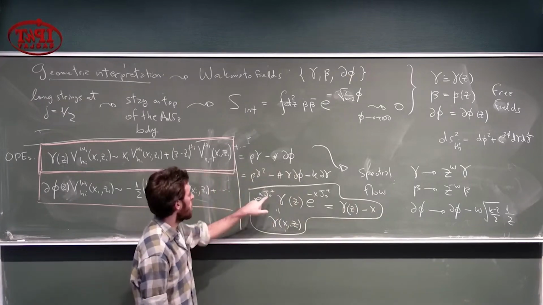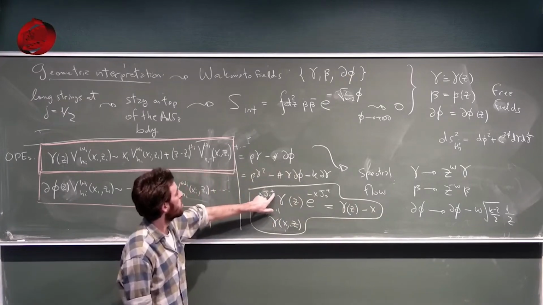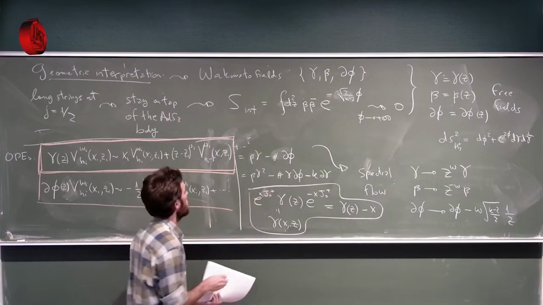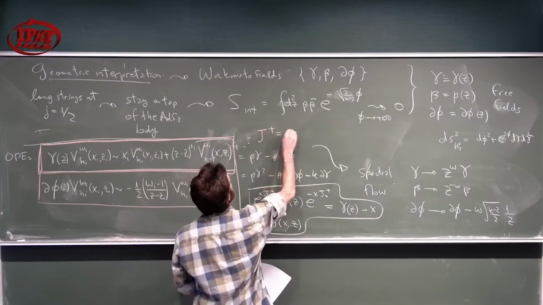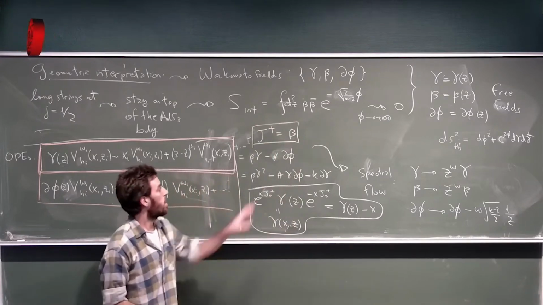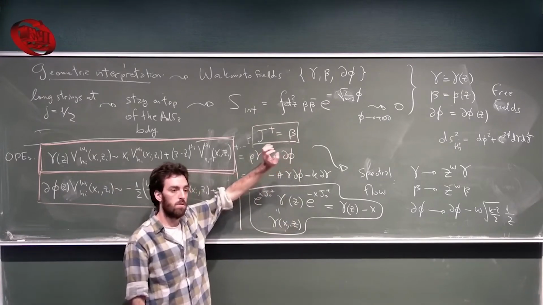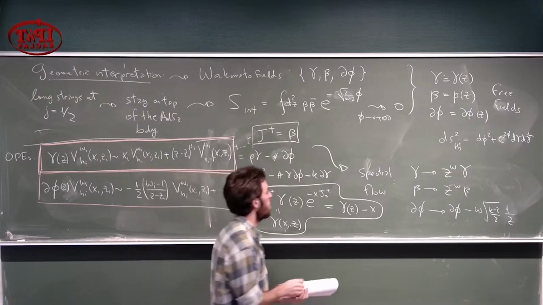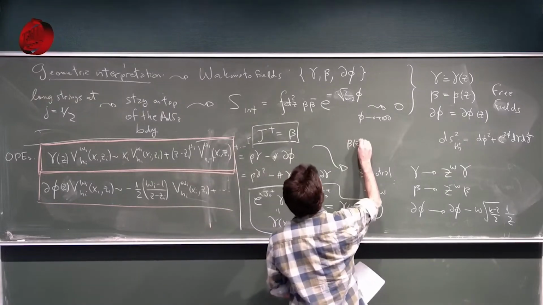The reason is that J0 plus in this language is the zero mode of beta, and beta is the field that has a non-trivial OPE with gamma.